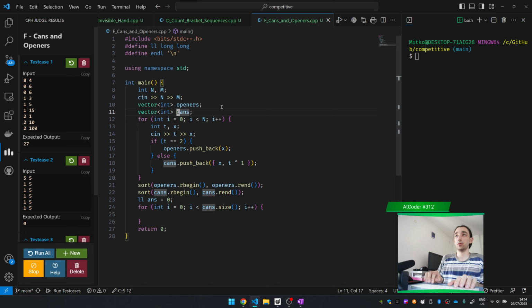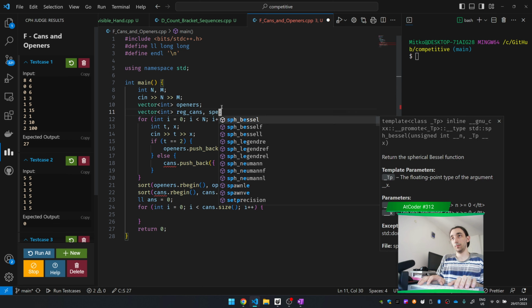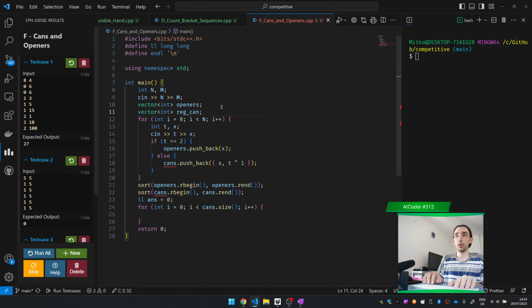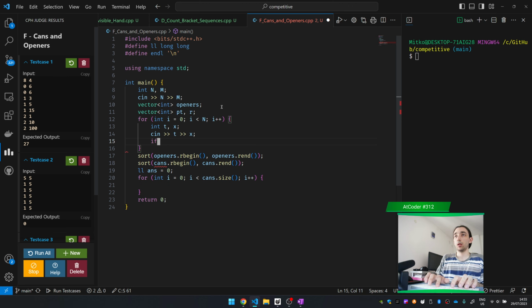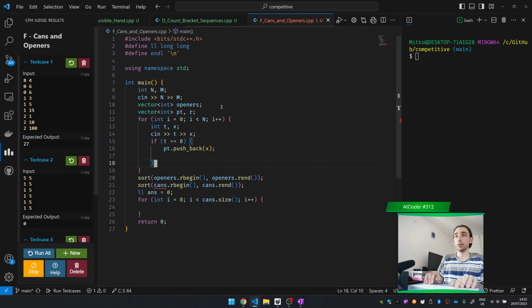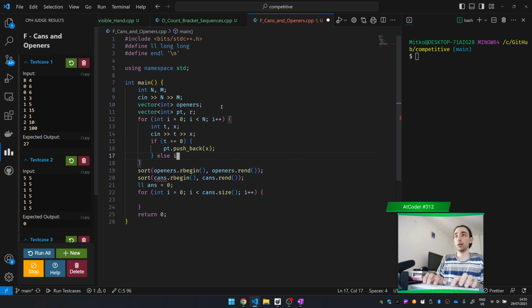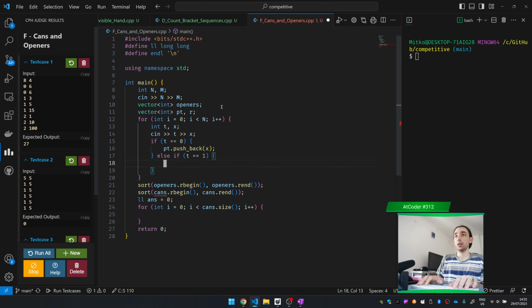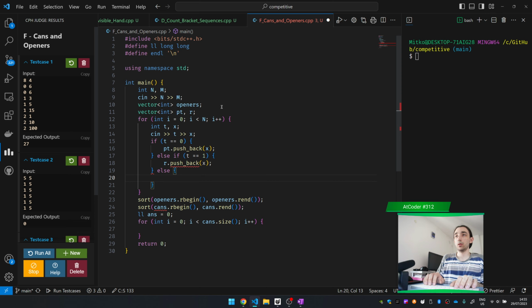let's do this. So this is regular cans, and then you have some pull tabs, and then regular, right? If T is 0, pull tabs push back. Else if T is 1, then regular push back. Else can openers push back.